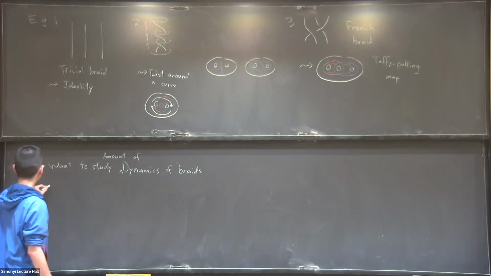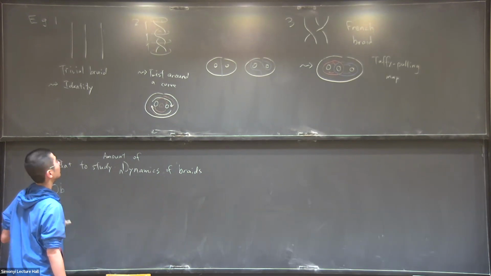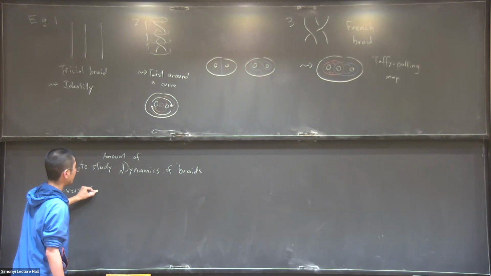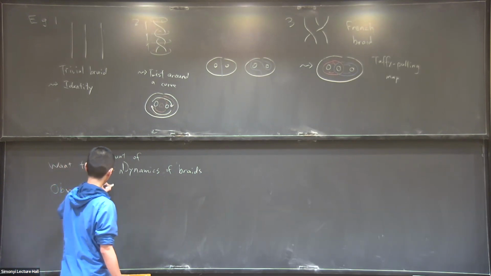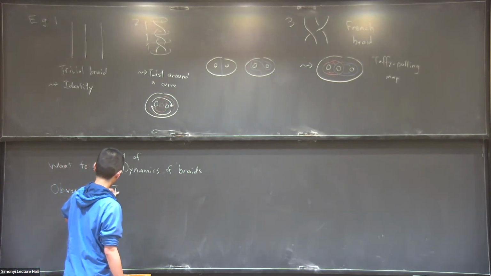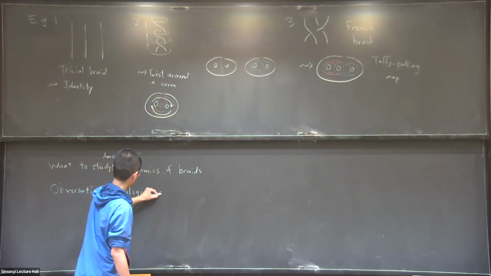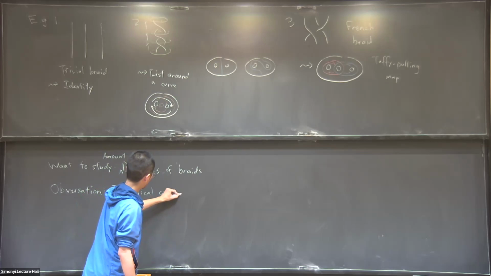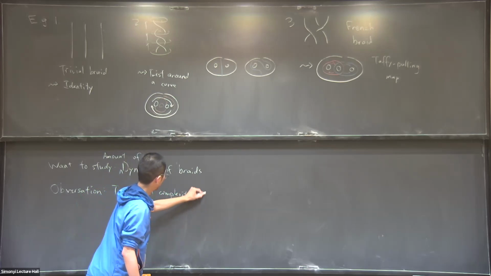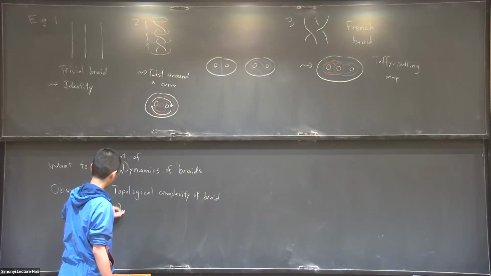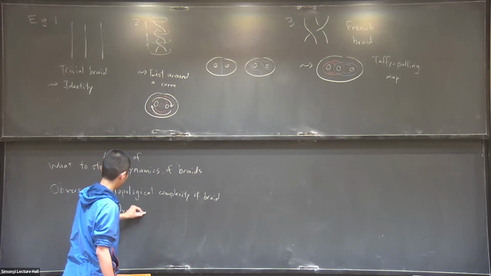One observation, and this is intended to be not very precise, is that the topological complexity of the braid usually leads to dynamic complexity of the braid.